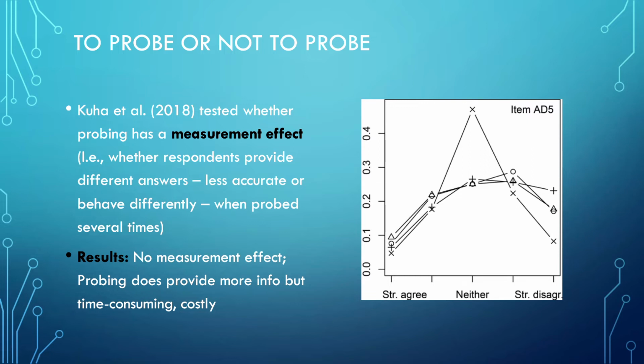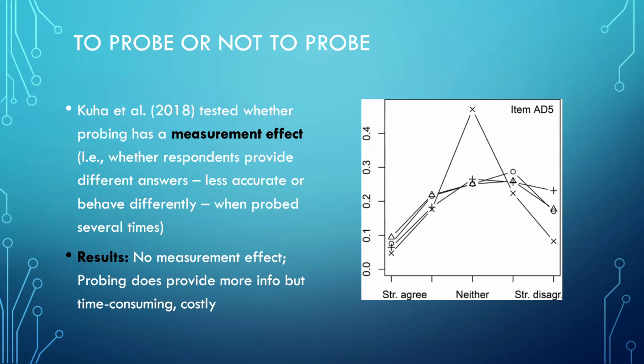Let's look at this. Kuhan and colleagues tested probing by using face-to-face interviews in 3 countries. Each participant was either assigned to a treatment or probing group or a control group. The control group participants who gave don't know responses were not probed. In the treatment group, if they gave a don't know response, they were read a probing statement asking for the answer that comes closest to what you think.